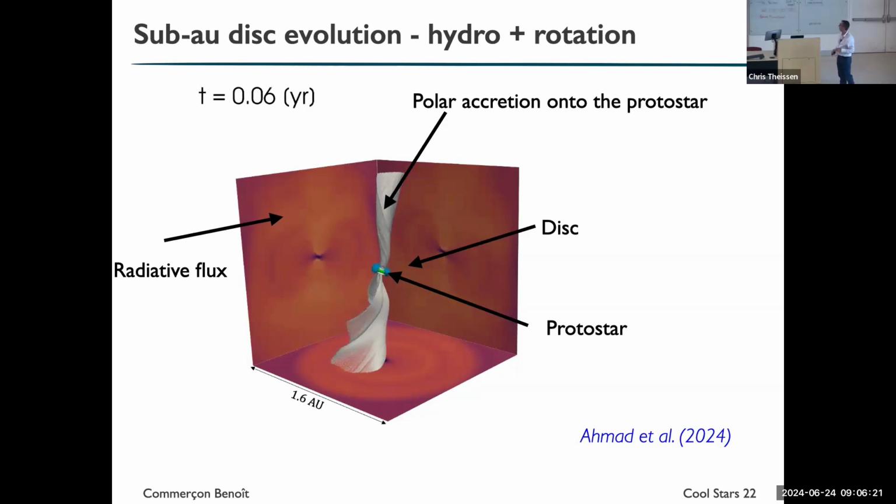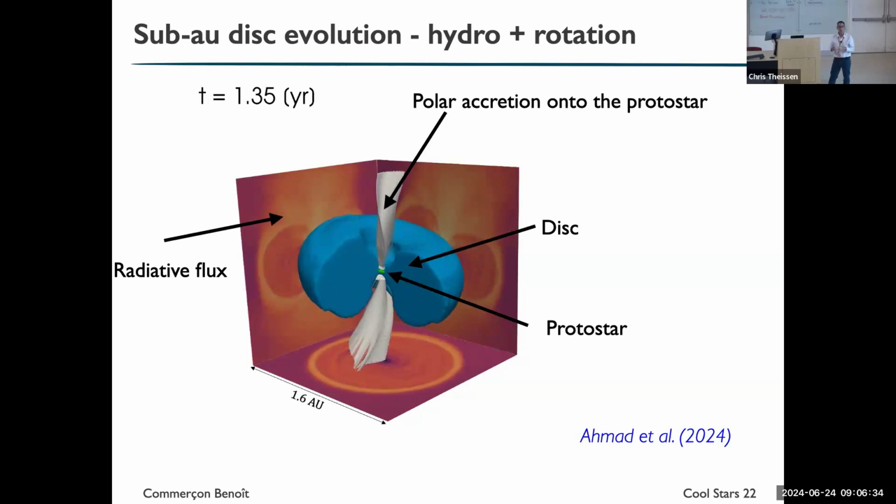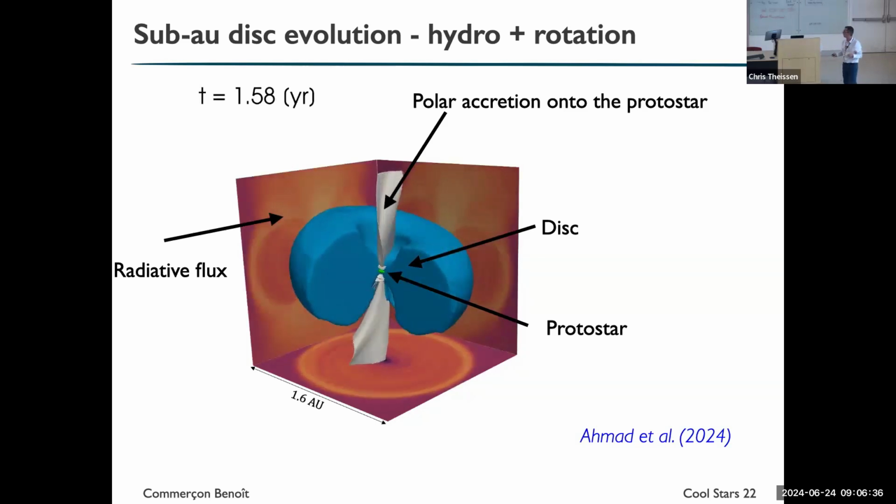Okay. So you see the second core that is forming, the disk that is forming concomitantly with the second core. Okay, and this disk expands to 1 AU size very rapidly. In 1 year, we have reached the 1 AU size. So these processes are happening quite fast. Now I would like to focus on the radiative flux.